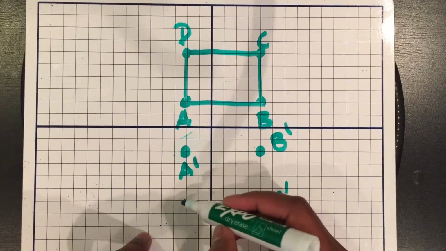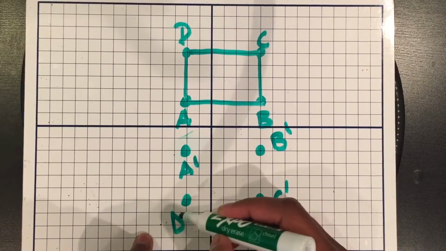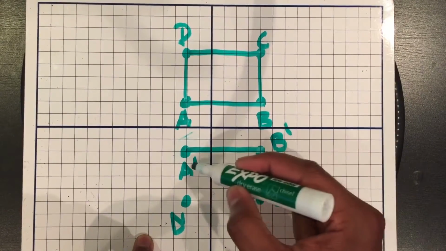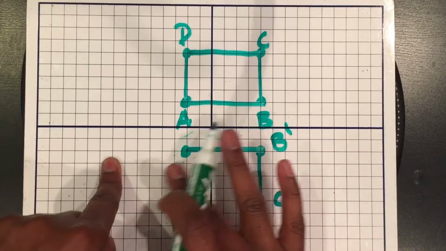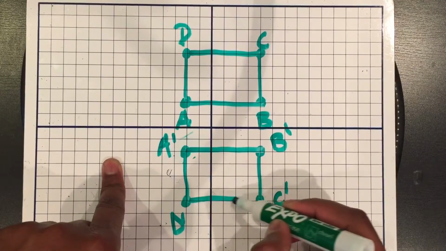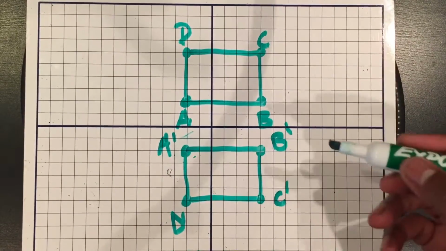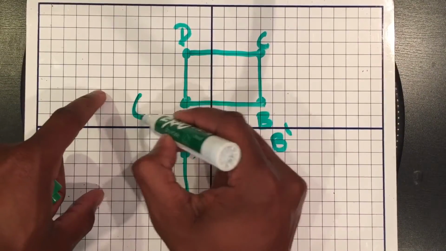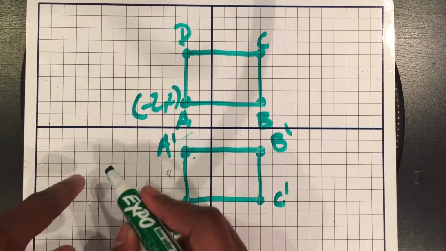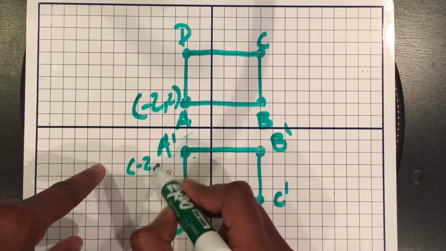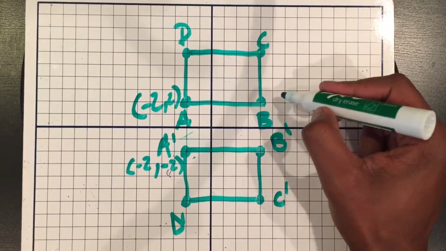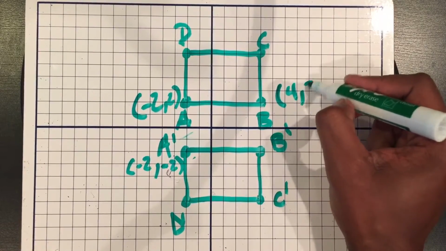And something similar for D prime. And we connect those with a line as well. So again, we go through and compare coordinates. For A, its coordinate is -2, +2. For A prime, its coordinate is -2, -2. For B, its coordinate is 4, 2.